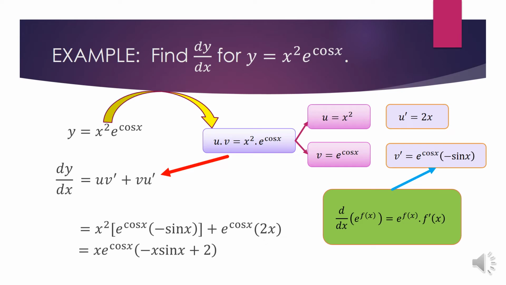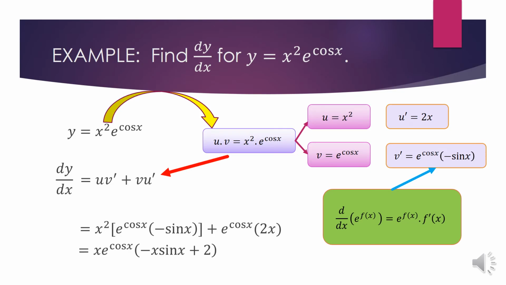If we differentiate u, we get 2x. If we differentiate v by using the chain rule, we get e powers of cos x times negative sine x.